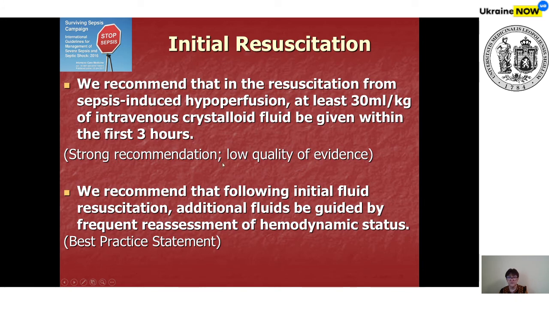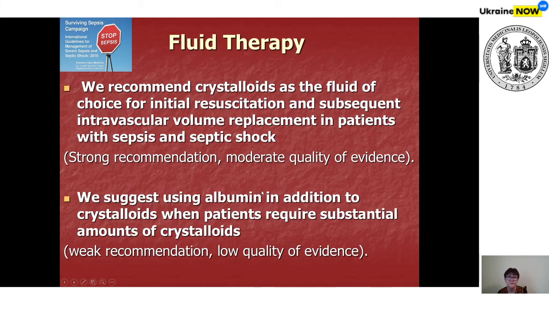Initial resuscitation. Guidelines recommend that in the resuscitation from sepsis-induced hypoperfusion, at least 30 milliliters per kg of intravenous crystalloid fluid be given within the first 3 hours. And it's recommended that following initial fluid resuscitation, additional fluids be guided by frequent reassessment of hemodynamic status.